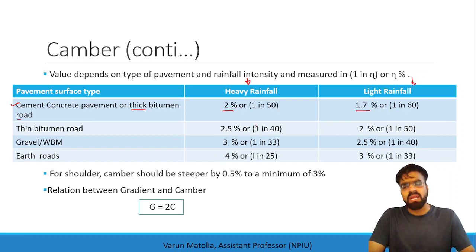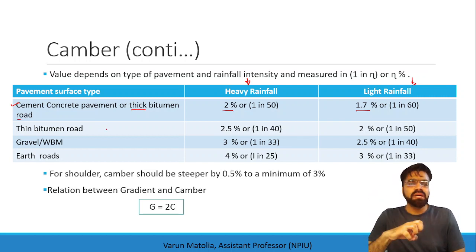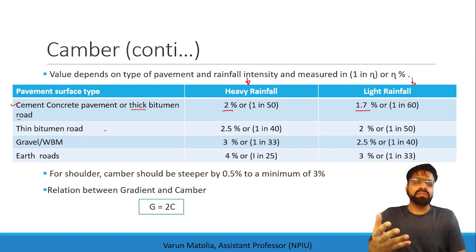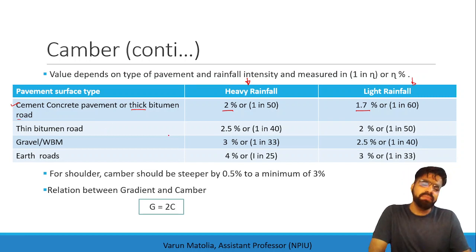Similarly, for a thin bitumen road, the quality is comparatively less, or we can say the road is comparatively more porous. So for thin bitumen roads, the camber value can be 2.5% for heavy rainfall, and for light rainfall it can be 2%. You can convert the value of camber into 1 by n term.